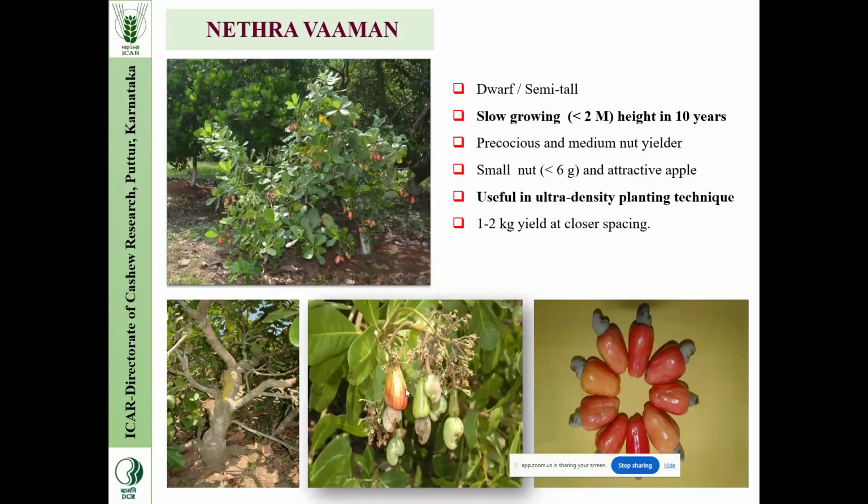Coming to one most important variety, that is a dwarf variety, as the name itself suggests, Netra Vamana. It is a dwarf, or we can say a semi-tall variety, and it is slow growing. We can expect around 2-meter height in 10 years. It is precocious and a medium nut yielder.